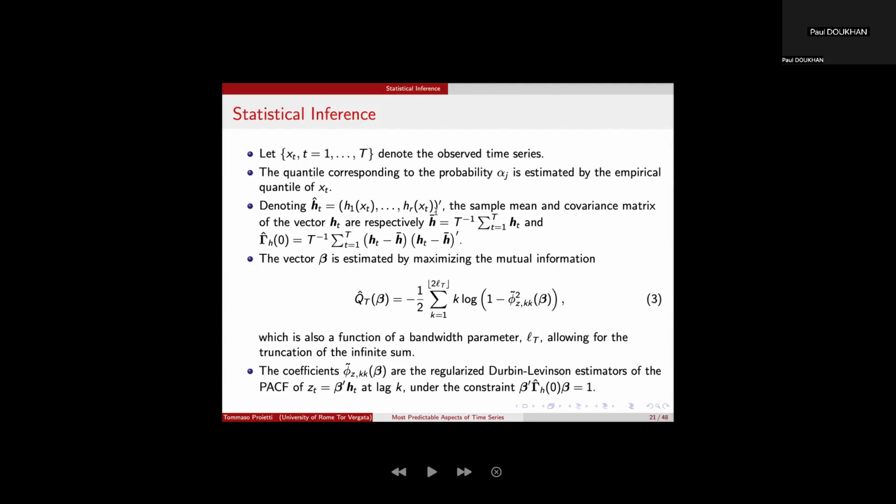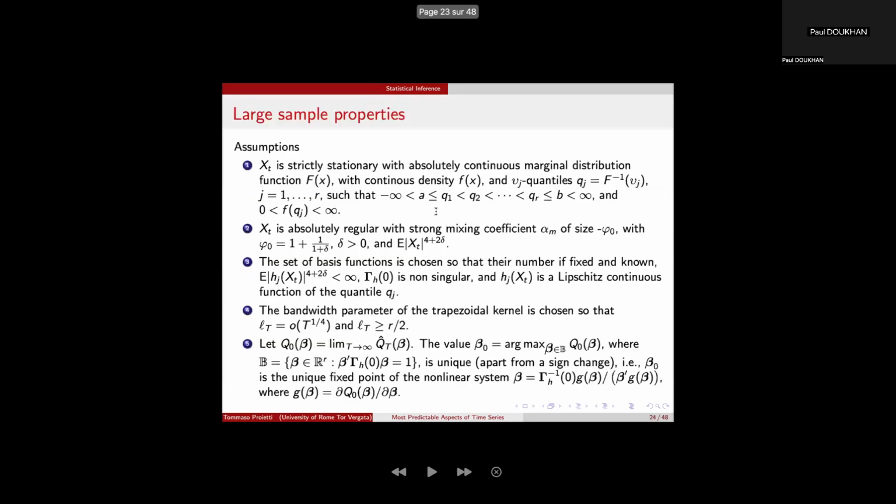Any error here is multiplied, so it's doubly cumulated, and this is why the rate on the DLT, which is this one, is the fourth root of capital T. So you need a kernel that goes down quite rapidly, so that the estimator is consistent.